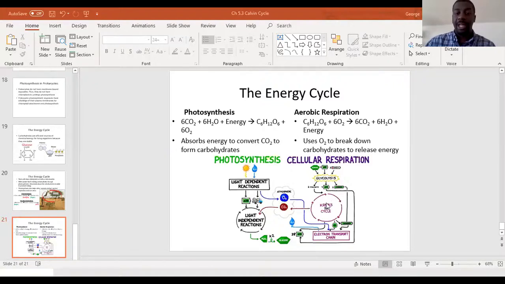So carbon dioxide is not really getting broken down. It's just getting produced from the Krebs cycle, the citric acid cycle. That carbon dioxide can then be used to help drive photosynthesis later. So we're not breaking down carbon dioxide during cellular respiration; we're producing it as a byproduct so that we can use it for photosynthesis later. So everything's just a cycle, and everything is being used for its own purpose.